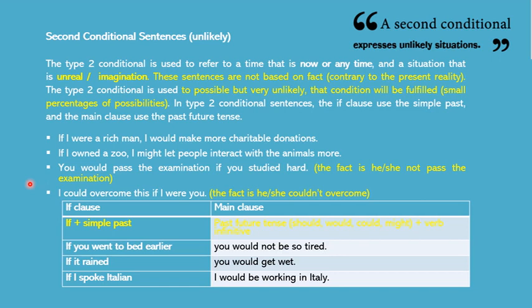Third example: you would pass the examination if you studied hard. The fact is, he or she did not pass the examination and did not study hard. This is the fact.